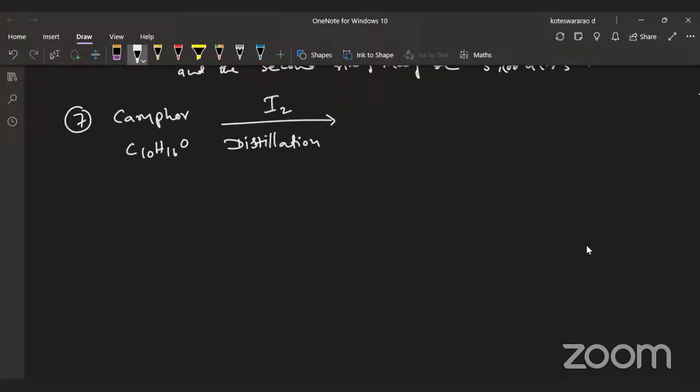Distillation, right? Now, what's happening? It generates a new compound.